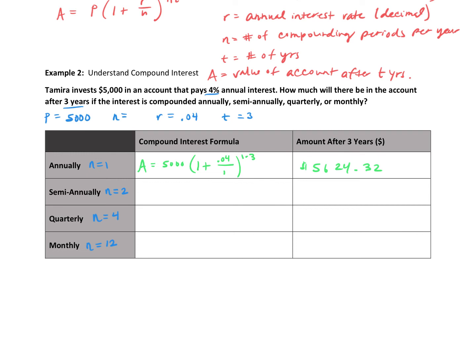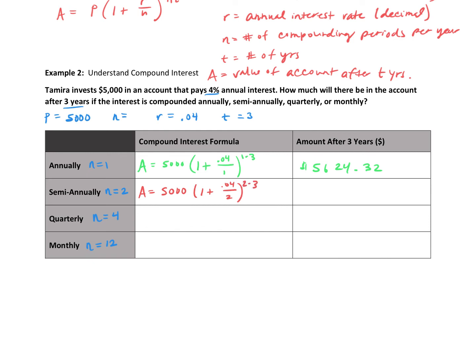All right, why don't we do N equals 2? What if we calculate our interest twice a year, if we have 2 compounding periods in a year? So we have A equals 5,000 times (1 plus 0.04 divided by 2) raised to the 2 times 3 power.